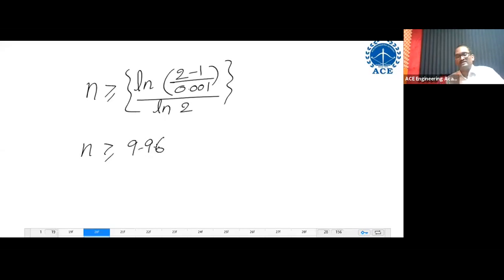So 9.96 iterations cannot be performed. So n is greater than or equal to 10.